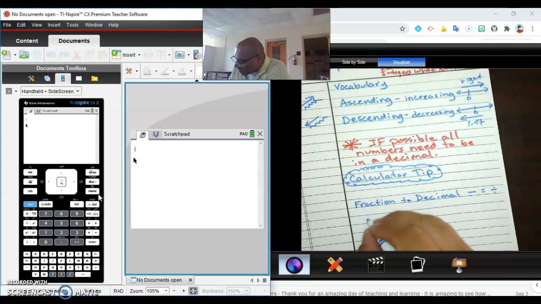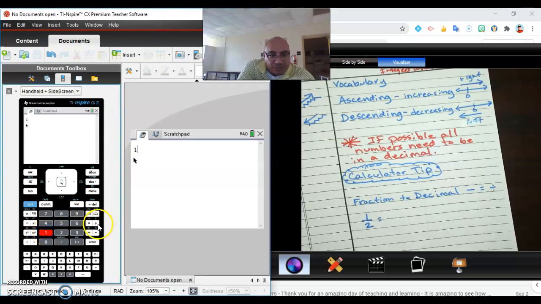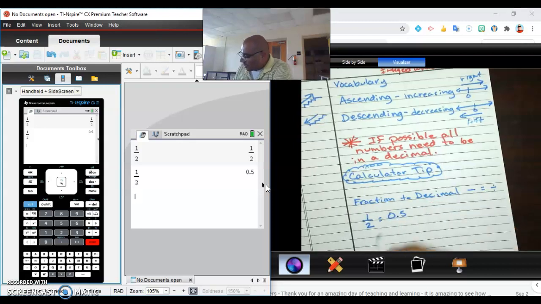If I were to tell you I want you to find the decimal value for 1 divided by 2 in your calculator, you would think, okay, 1 divided by 2. Then you press enter. Oh, well, man, I got another fraction. I don't want a fraction. So the way you do this is by pressing 1 divided by 2 and then press Control Enter. Bam. There is our decimal, 0.5.